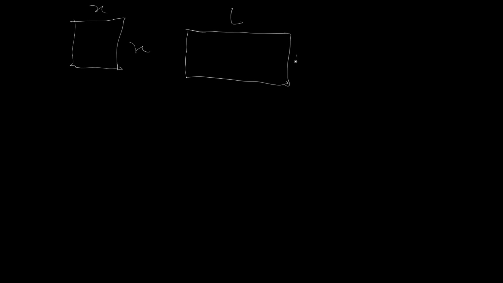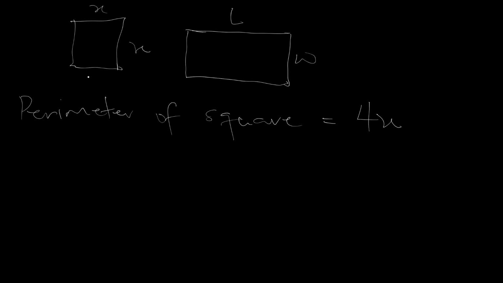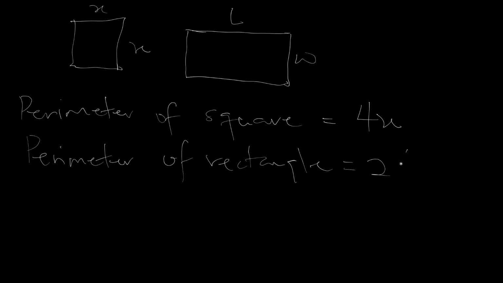Here's L, here's W. The perimeter of the square is equal to 4x, and perimeter of rectangle should be equal to 2 times L plus W. Now what we are saying is 4x is equal to 2(L plus W). Okay.